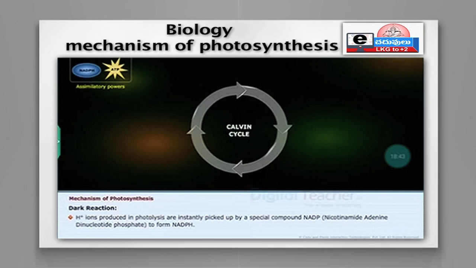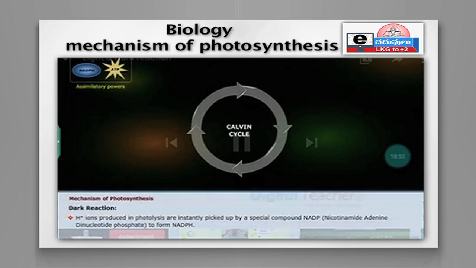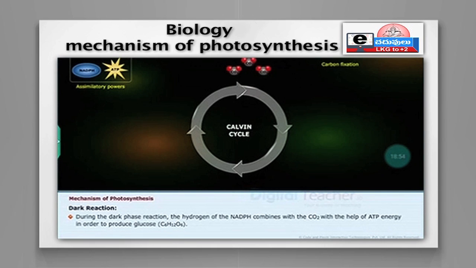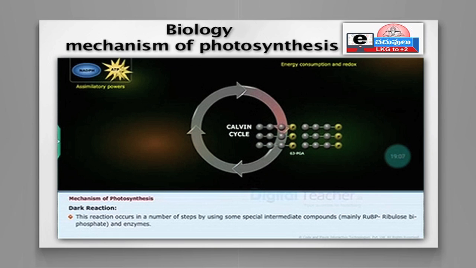In the dark reaction, carbon dioxide is utilized for carbohydrate formation. The remaining 2 steps are there. Let us see how the dark reaction process begins. Normally in the dark reaction, carbon dioxide is absorbed by RuBP, ribulose bisphosphate, in the presence of the Rubisco enzyme, forming phosphoglyceric acid, that is PGA.